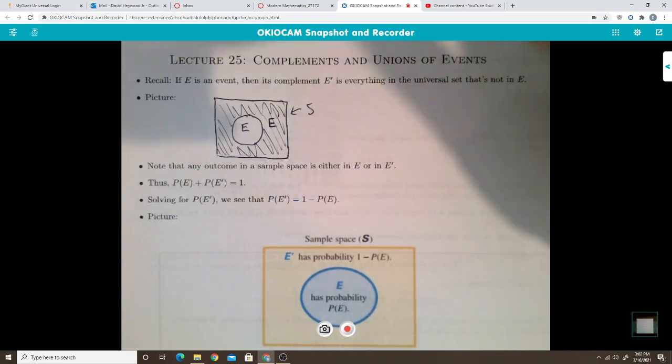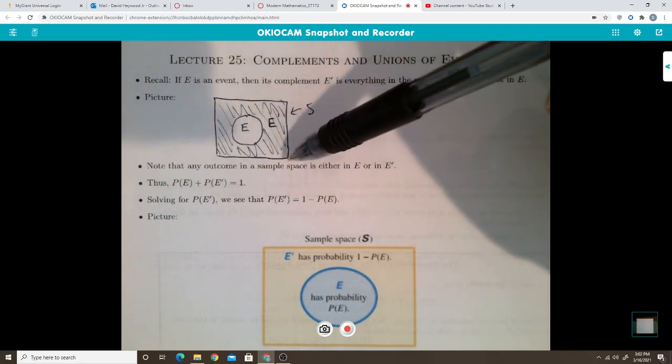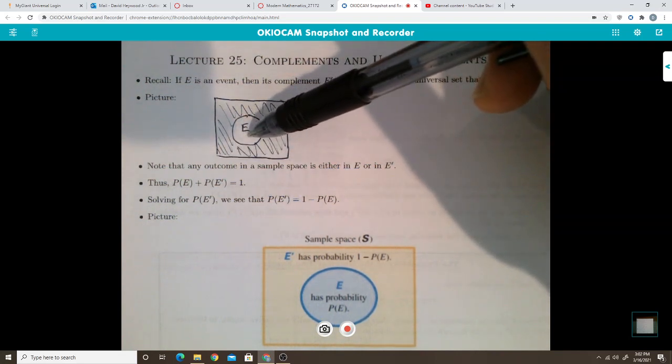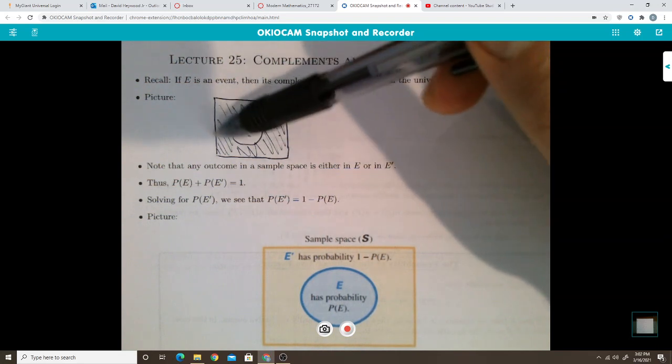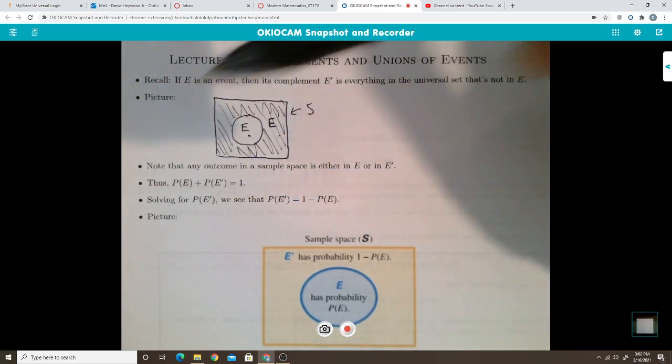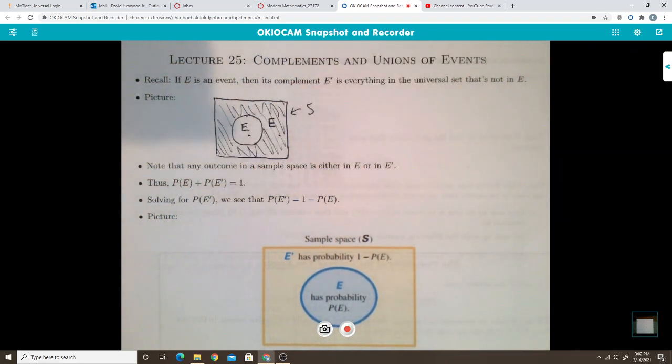One thing to point out here that should be pretty obvious is that any outcome in a sample space is either in E or it's in E complement, right? It's either inside of the circle or it's not inside of the circle, right? So any outcome in the sample space is either in E or it's in E complement.